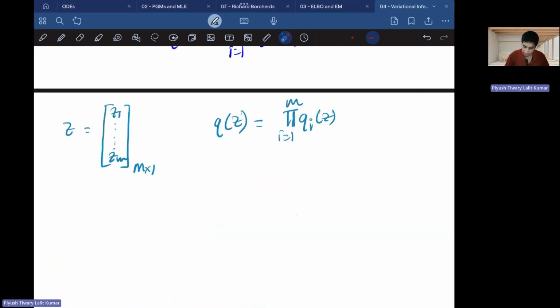So here is one such approximation, right? What this is saying is that you have an m dimensional random vector. One way to come up with a potentially tractable distribution is to simply say that it is nothing but a product of its elements in the vector. This need not be exactly m cross 1. For example, you can club some of the elements here, club some of the elements here and here, and take the product of these groups and call it your joint distribution.